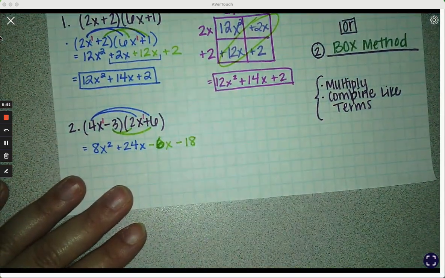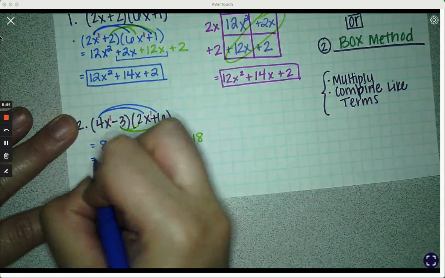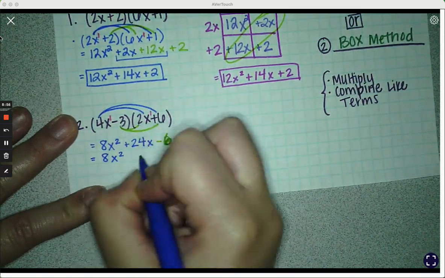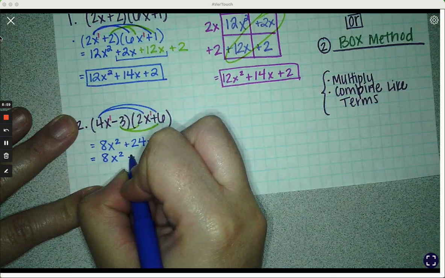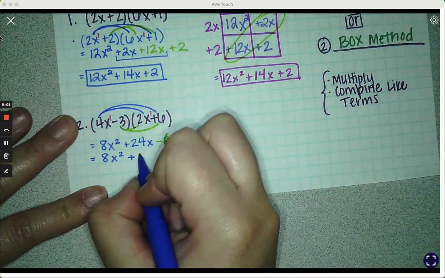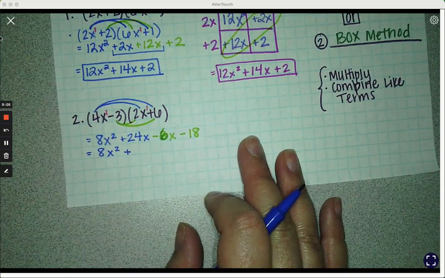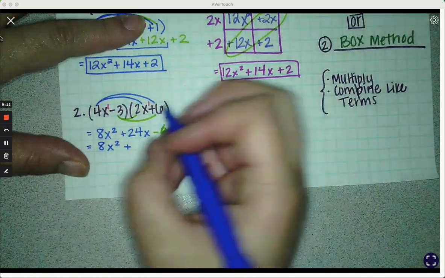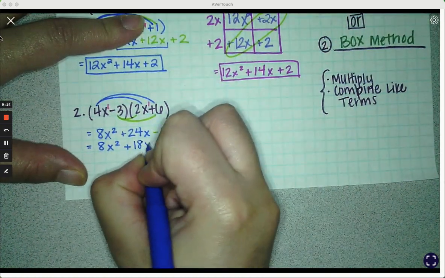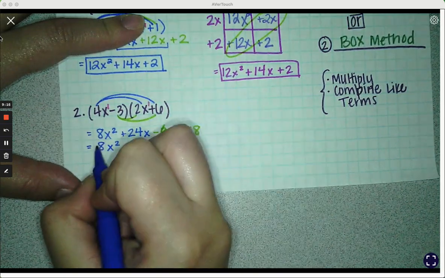So when we combine like terms, we get 8x squared plus, what is that, 18? I'm pretty sure it's 18. 24 minus 6. Yeah, it's 18. Plus 18x minus 18.